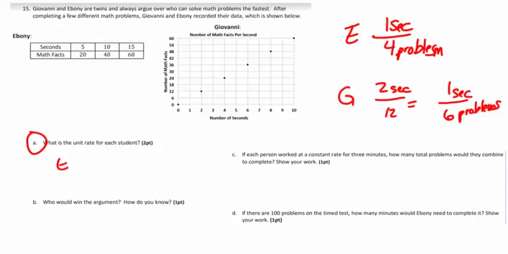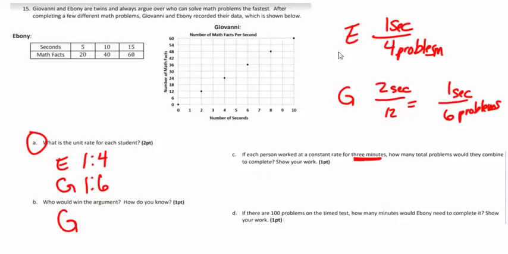So Ebony is a 1 to 4 ratio and Giovanni is a 1 to 6. So who's winning? So Giovanni can solve more problems in 1 second. So he is the fastest. Ooh, that should say 6, 1 to 6. Okay. So let's look and see. If each person worked at a constant rate for 3 minutes, how many total problems would they solve? Would they combine to complete?